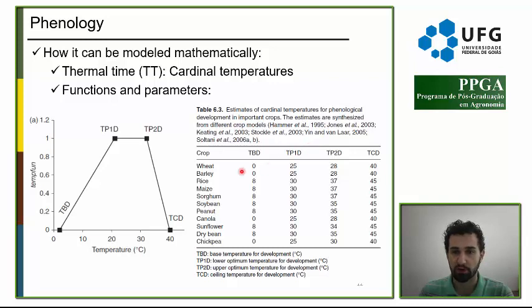So for example, for wheat, we have the base temperature 0, we have the optimum one 25 and the optimum 2 28, and the saline temperature for development, that is this point, the upper base temperature, we have this value of 40. So this is a good start for making this simulation.